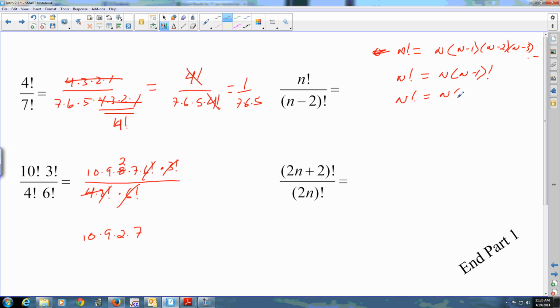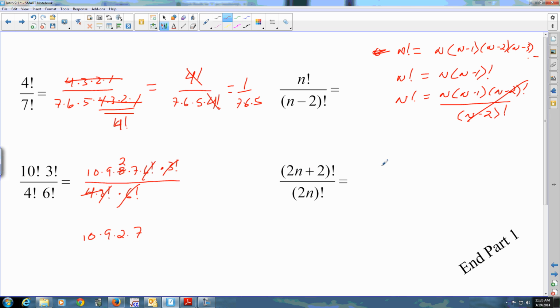Is n minus 1, n minus 2 factorial. Now the reason I'm going to choose that one is because then it matches the bottom. Bam. n factorial divided by n minus 2 factorial is n times n minus 1. No factorial. The factorial symbols cancel.